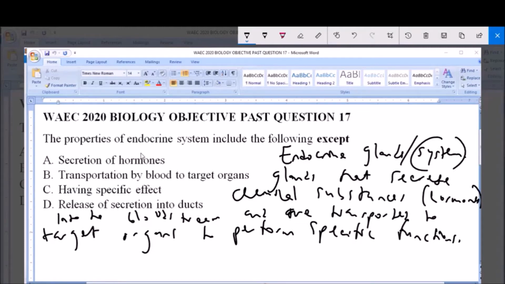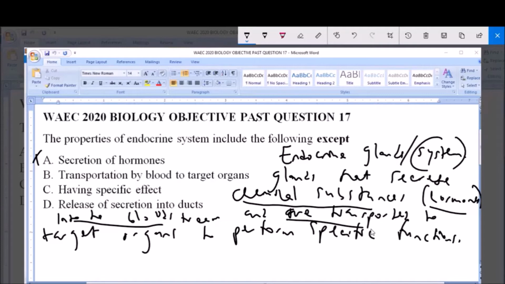The secretions are made directly into the blood and then transported by the blood to target organs. So this is a property of the endocrine system and is not the answer to this question. Now, hormones travel to target organs to perform specific functions, having specific effects. It is a property of the endocrine system and is not the answer to this question.